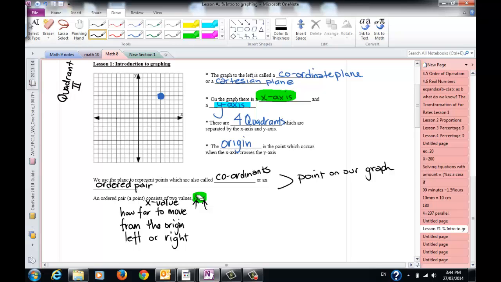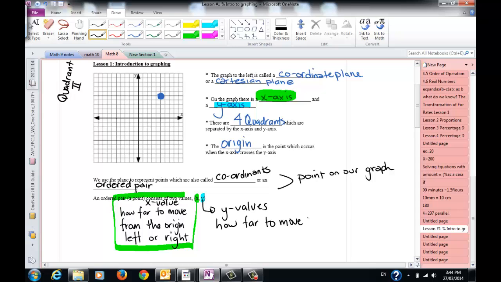So the x value here, we'll use some green, and I'll just circle that. Our y value, all that our y value is telling us is how far to move from the origin up or down.